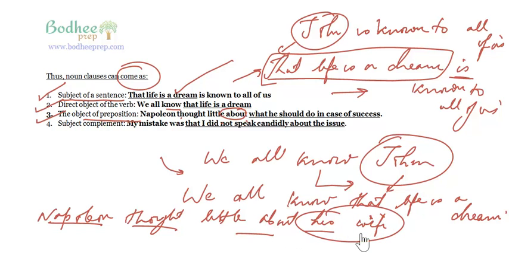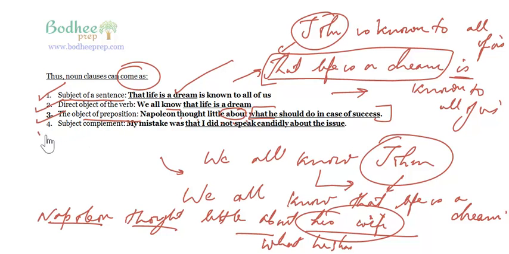And I can replace this with a clause, what he should do in case of success. Napoleon thought little about what he should do. This is basically a clause, but it is taking the place of a noun, and that's why we call it a noun clause. That's the basic difference between noun clause and the other kinds of clauses.